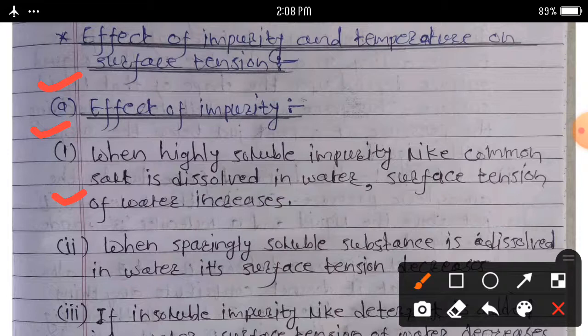First, when a highly soluble impurity like common salt is dissolved in water, the surface tension of water increases.